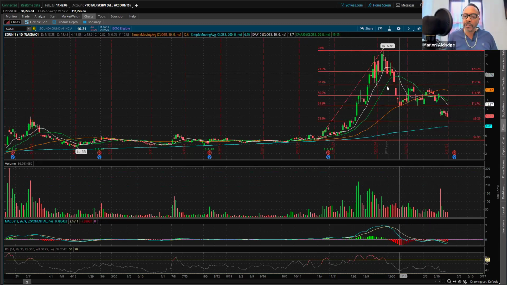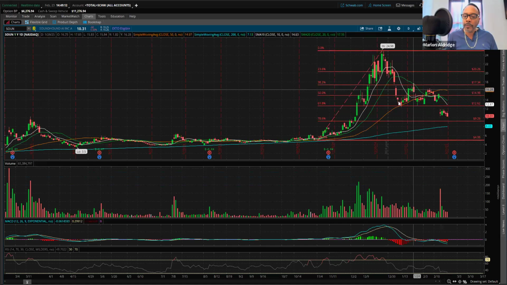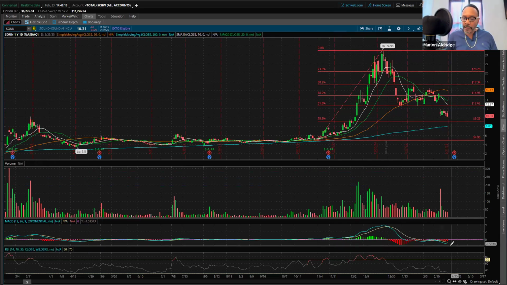You want to use some of these other indicators. Like clearly I can see the moving averages are going to confirm these Fibonacci retracements. And I can also go down here and look at my MACD. If I look at the blue line, let me expand that a little bit.